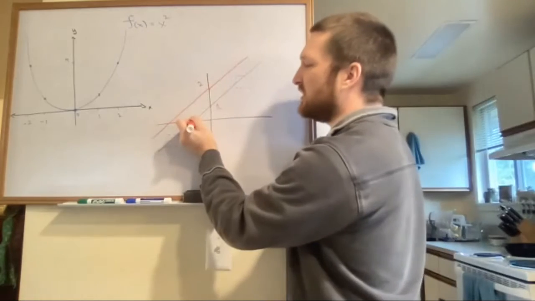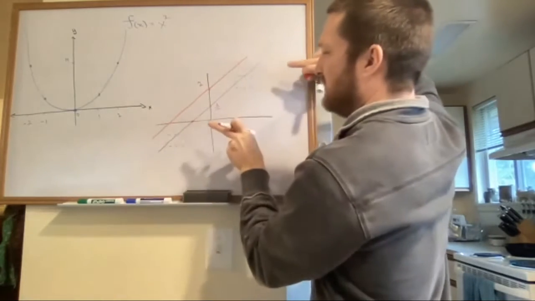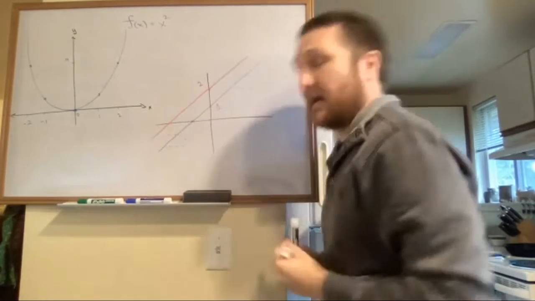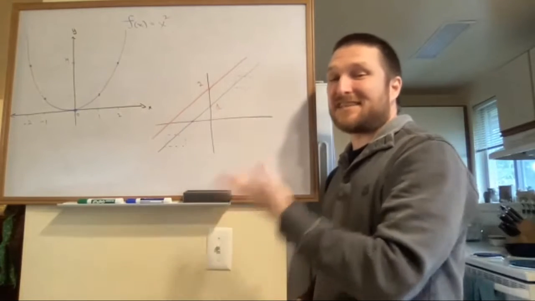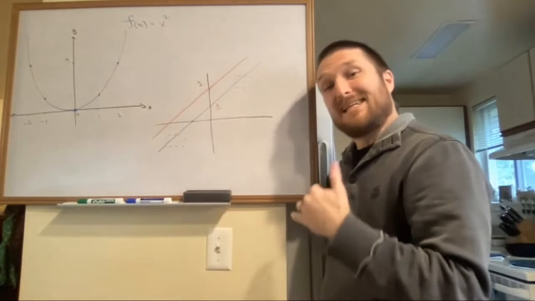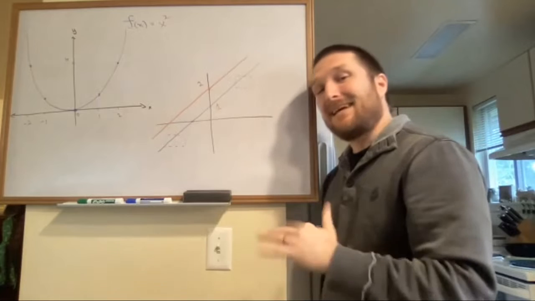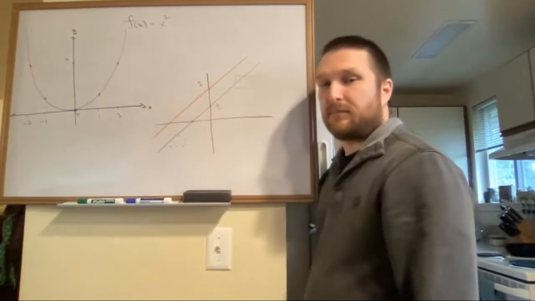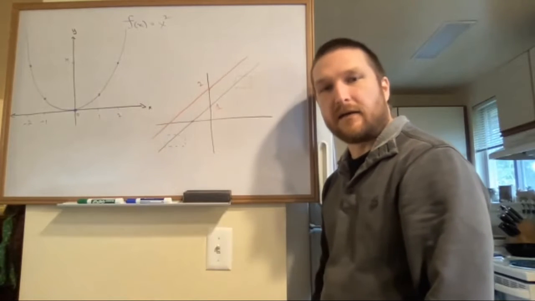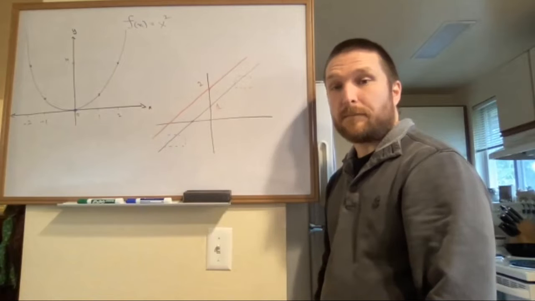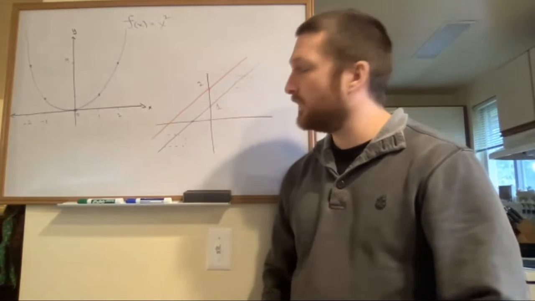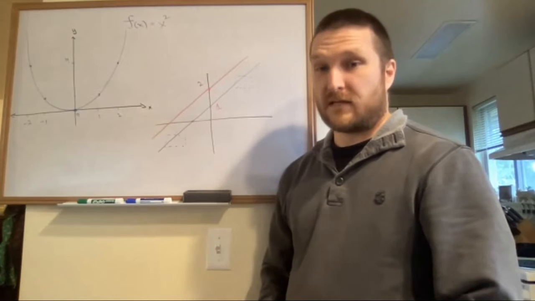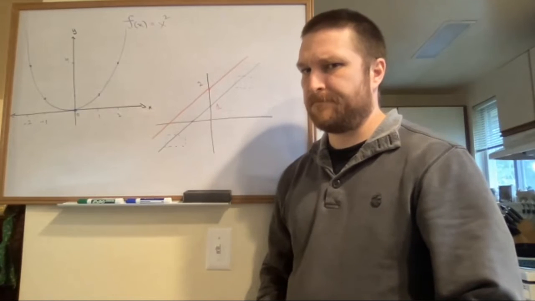Or did I actually just take this line and shift it to the left? It's kind of ambiguous because, well, it's a line. It looks the same way everywhere. And indeed, shifting it up by 2 is the same thing as shifting it to the left by 2 because it's a line. Parabola, though, parabola has a distinguished point. We call that point the vertex. Have you heard that before? Yeah.